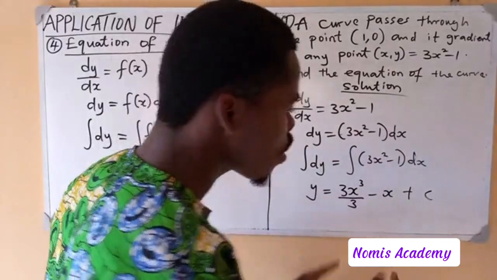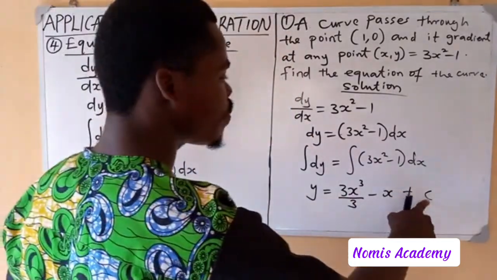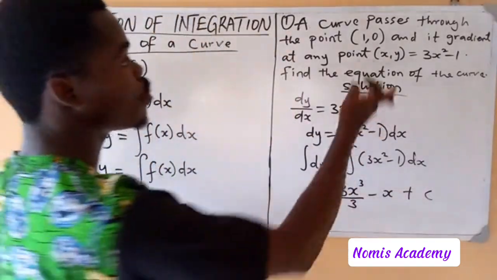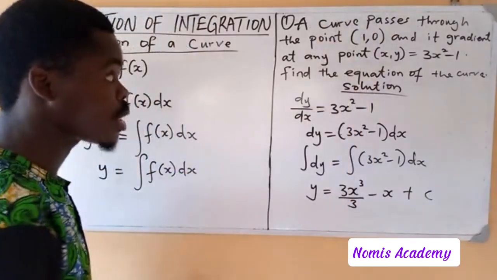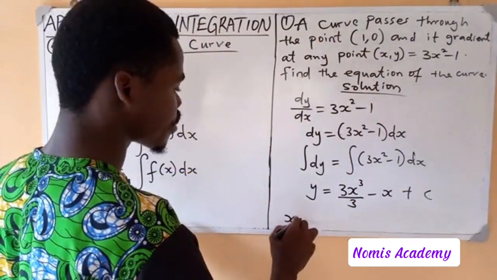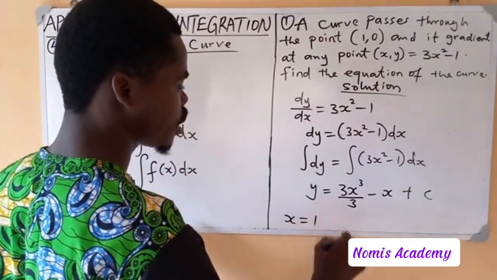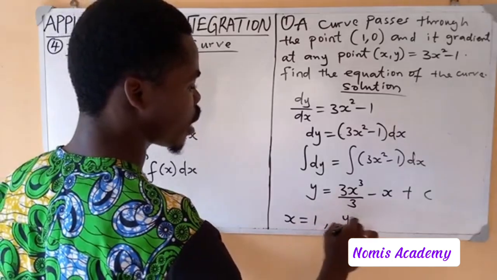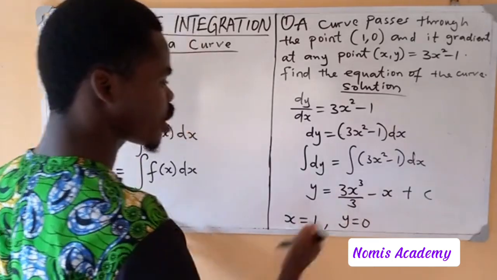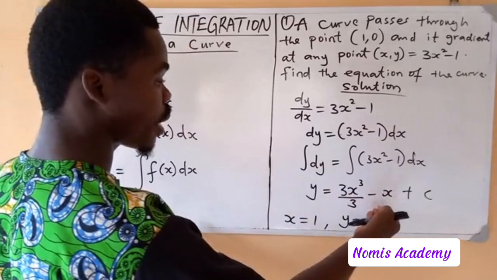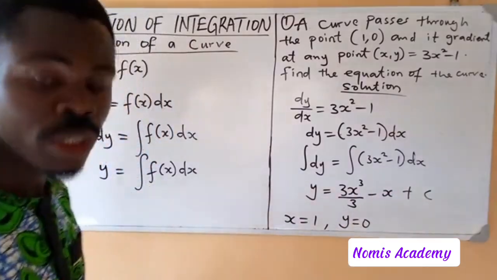Now this is the equation, but we must find the value of c. Since the point is given to us, we can say x is equal to 1 and y is equal to 0. So we slot in the values of x and y to find the value of c.